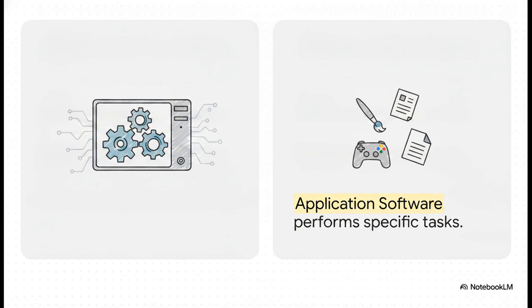First is system software, which manages the hardware itself and provides a foundational platform for everything else to run. Think of it like your subconscious, autonomic nervous system just quietly keeping you breathing. Second is application software. These are the programs that perform specific tasks for you, like Microsoft Word for typing, Adobe Photoshop for image editing, or all your video games. Application software represents our conscious, intentional actions.